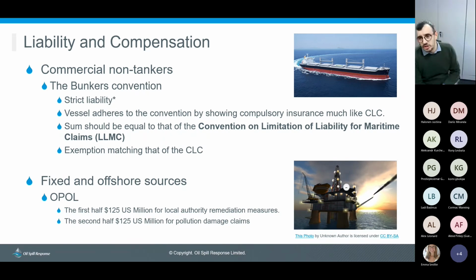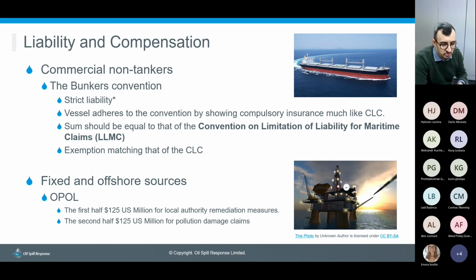The Bunkers Convention is a single-tier compensation system that is modelled on the Civil Liabilities Convention. So effectively, you have countries sign up to the Bunkers Convention, ship owners will have insurance with P&I clubs, and the P&I clubs will pay out for those claims against the criteria which is defined in the Bunkers Convention.